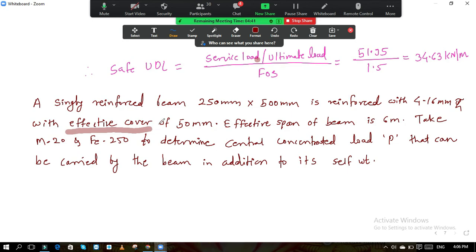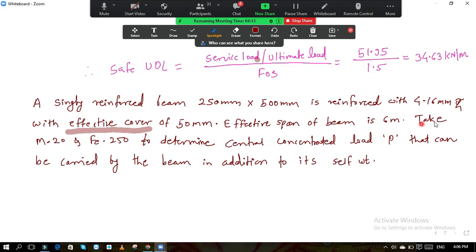If clear cover is given, then you have to do it from the total depth. You need to minus the clear cover and then half of the bar diameter. But effective cover means what? It is by considering the half of the bar diameter, it is given to you. That is called the effective cover. So the effective cover is given to you, and then the effective span of the beam is 6 meter.